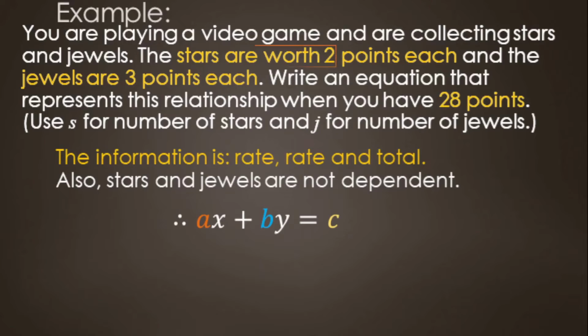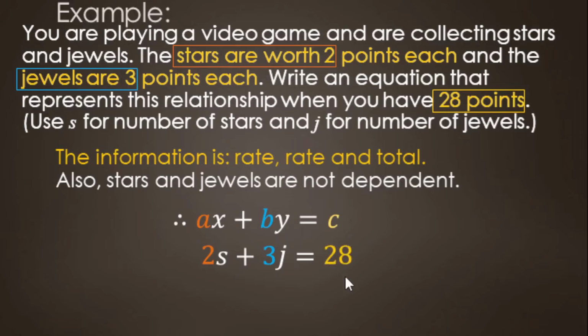So here we go. The stars are 2 points each. So the rate of the first variable is going to be 2. So it's 2 points per what? Per star. So S goes with star. And then we're going to add to that 3 points for every jewel that we collect, so J for jewels, and that's going to equal a total of 28 points.